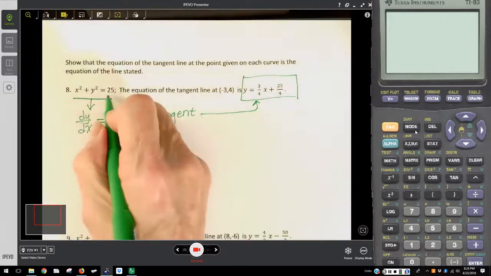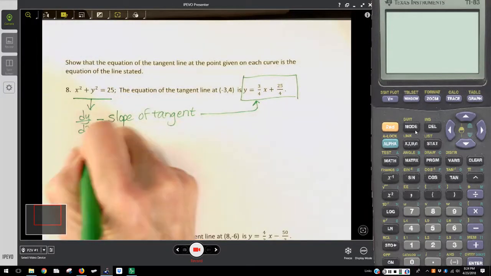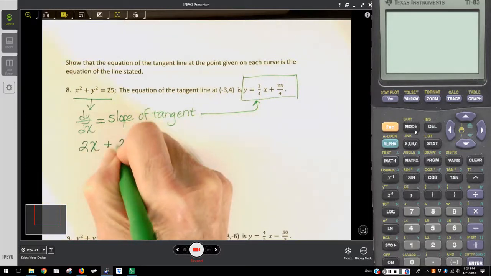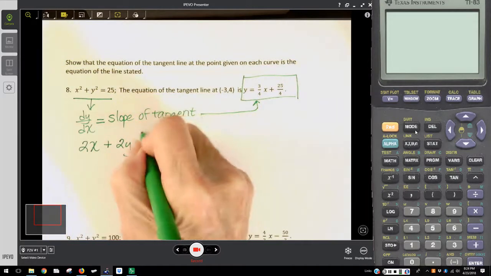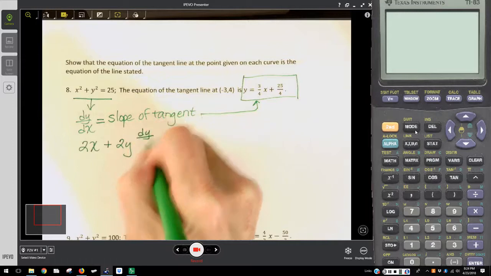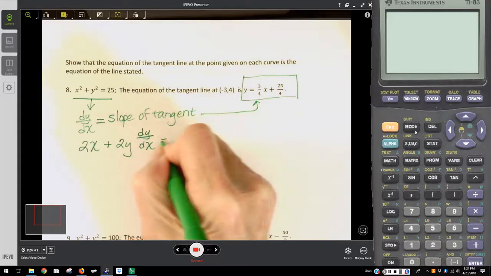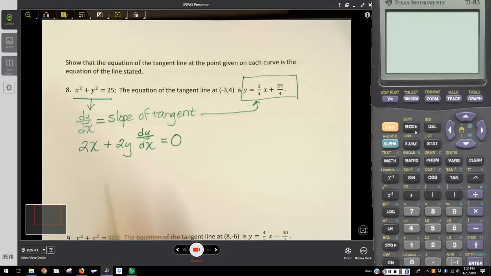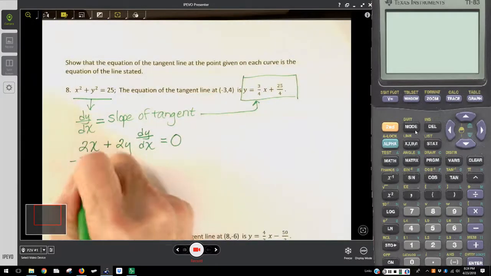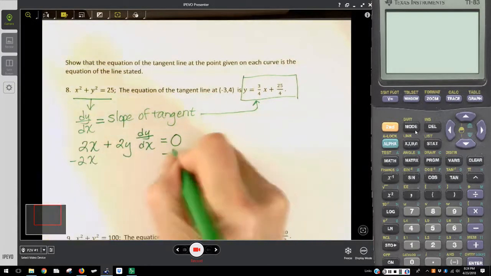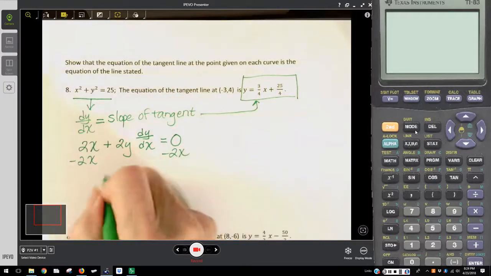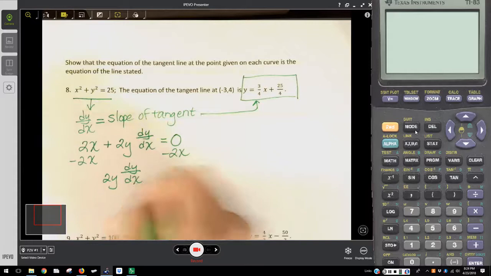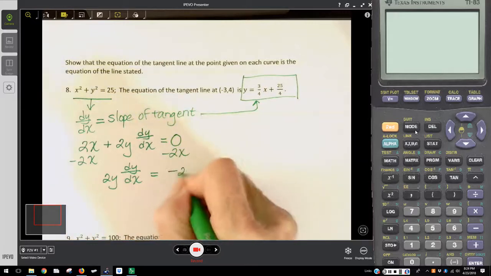First thing we need to do is take this derivative. The derivative is 2x plus 2y, and then because y is a function of x, it's dy dx. And again, the derivative of 25 is 0. So we will subtract 2x from both sides, and we have 2y dy dx is equal to negative 2x.